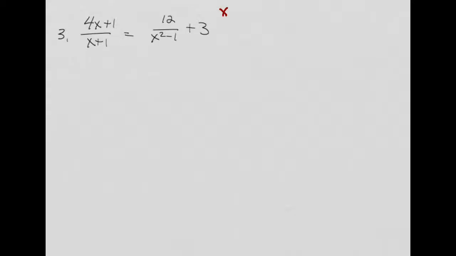So for x plus 1, and then we have x squared minus 1, which factors into x plus 1 times x minus 1. So the LCD of this, as you can see, I have x plus 1 and x plus 1 down there. I have an x plus 1 in the LCD, and then x minus 1.